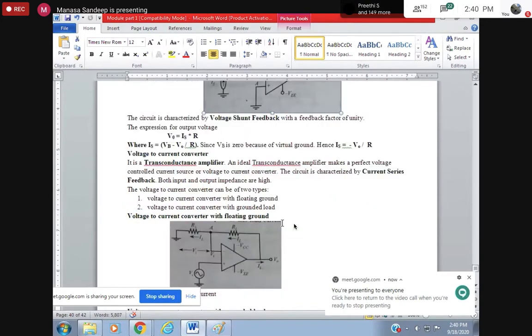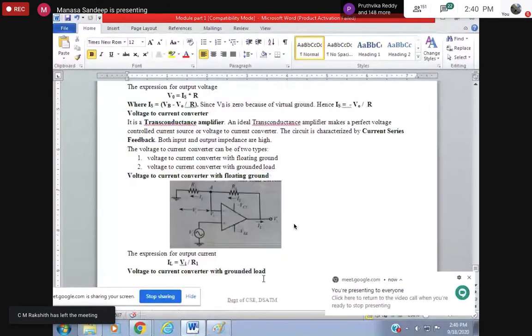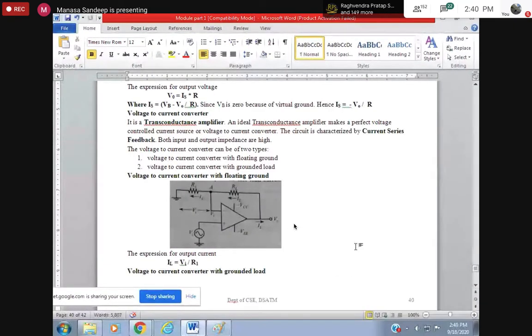When it comes to the voltage to current converter, the input applied is voltage, and the output we are getting is current. The applied voltage you can convert into current. Here we are seeing two circuits.